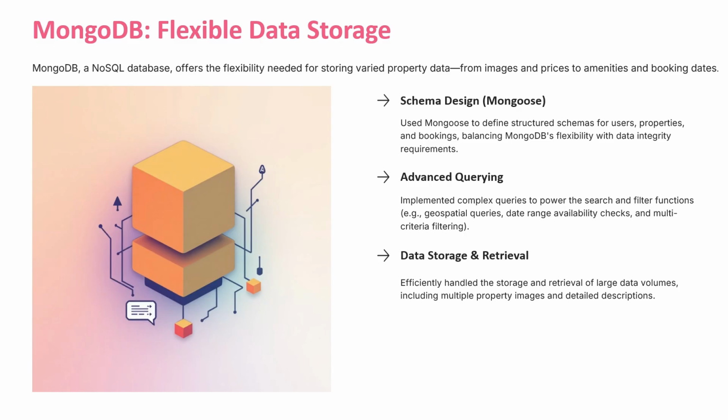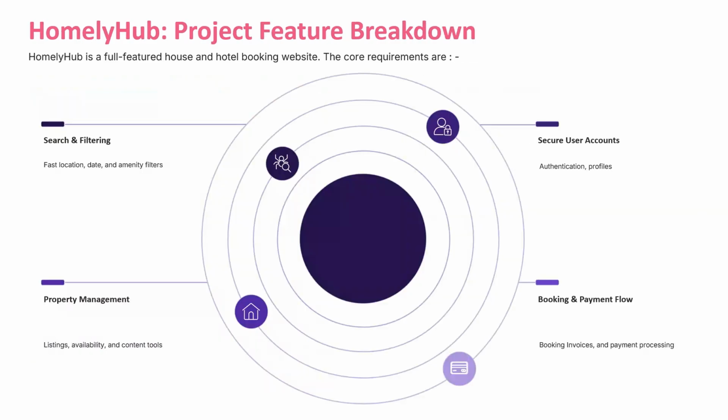I also use advanced queries which help the user find exactly the right property when they search on the search bar. We use MongoDB for efficient data storage, which means the site stays fast even though we provide a lot of property listings. So that's why we use MongoDB in this project.